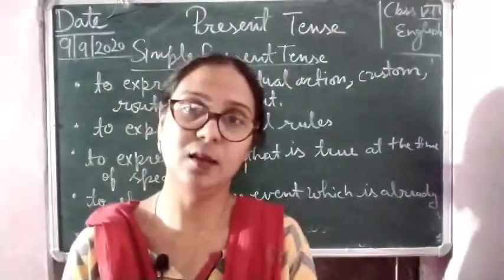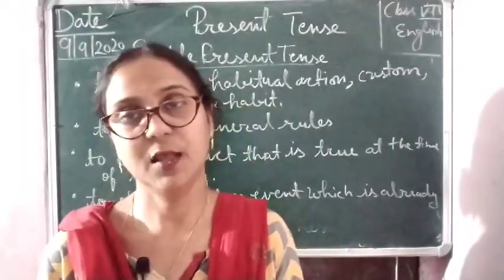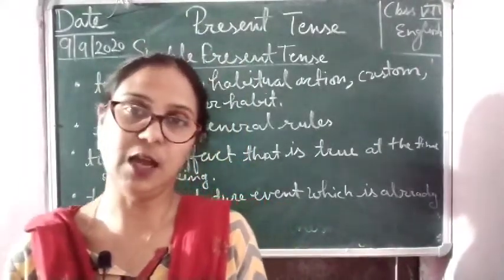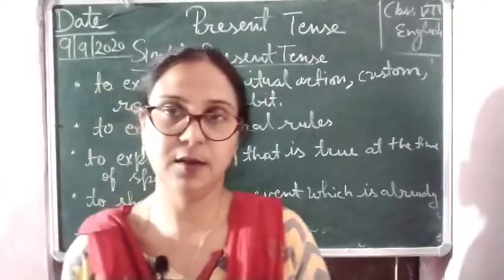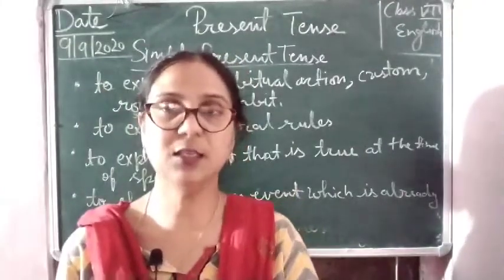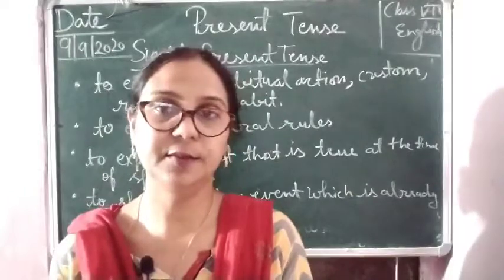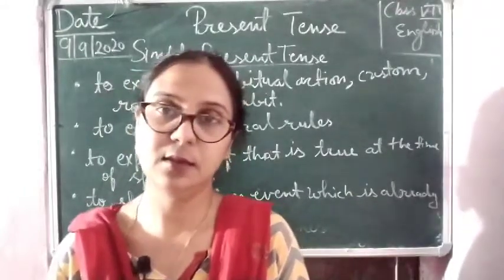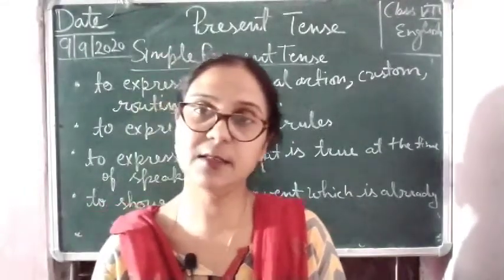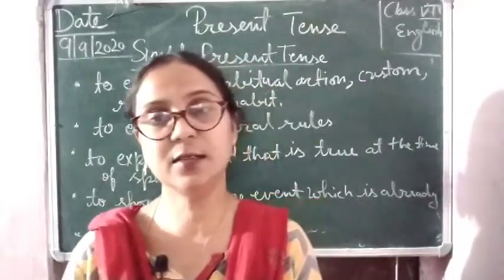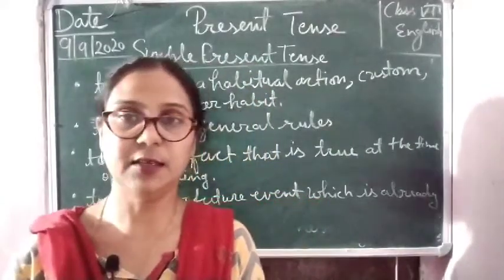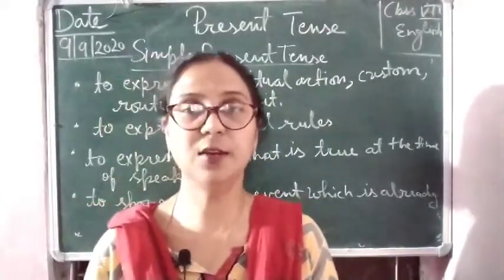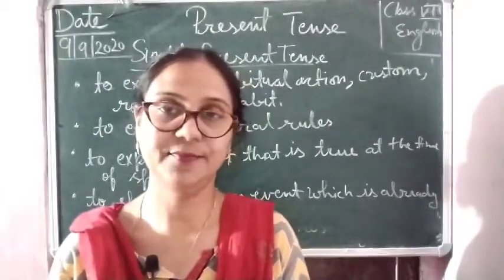That is called present tense. Now today we are going to start the present tense, but it has four parts: simple present tense, present continuous tense, present perfect tense, and present perfect continuous tense.